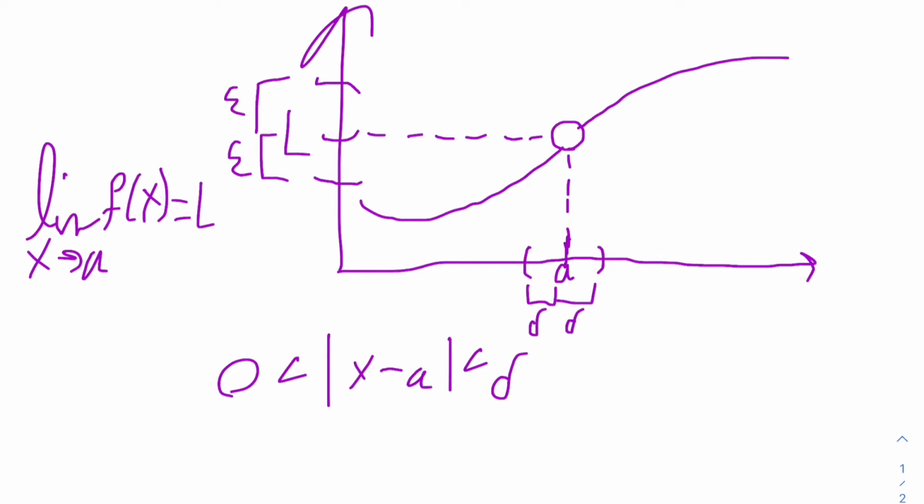And this implies that the corresponding f of x values are sufficiently close to L. So the distance between them is less than epsilon. And this is implication.